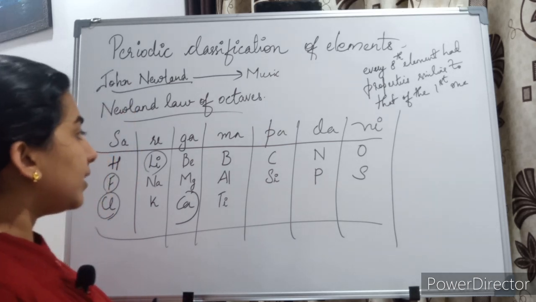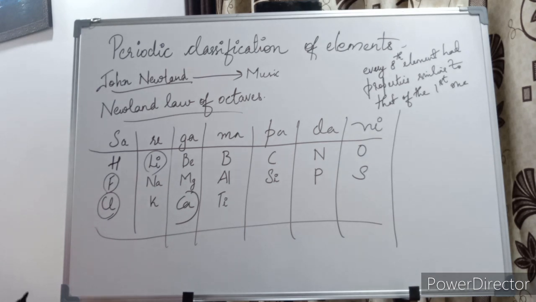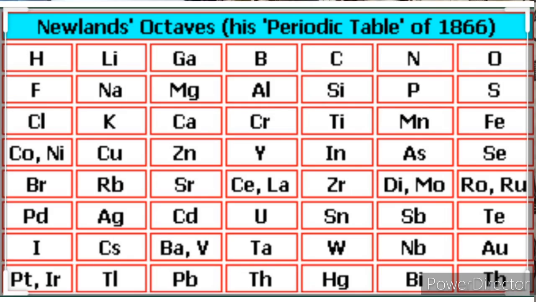And the third limitation is that in order to fit into this table, Newland adjusted two elements in the same slot. But that was not the problem. He arranged some unlike elements under the same slot, which we can see in the figure.